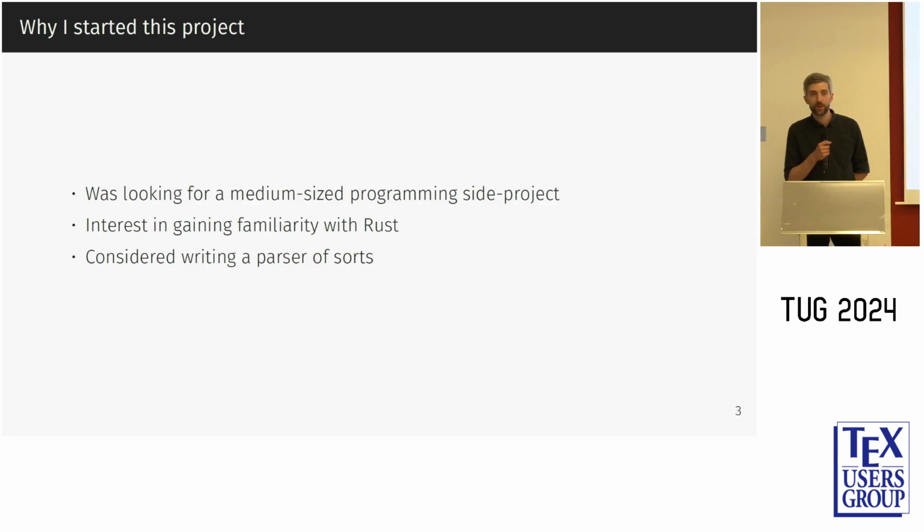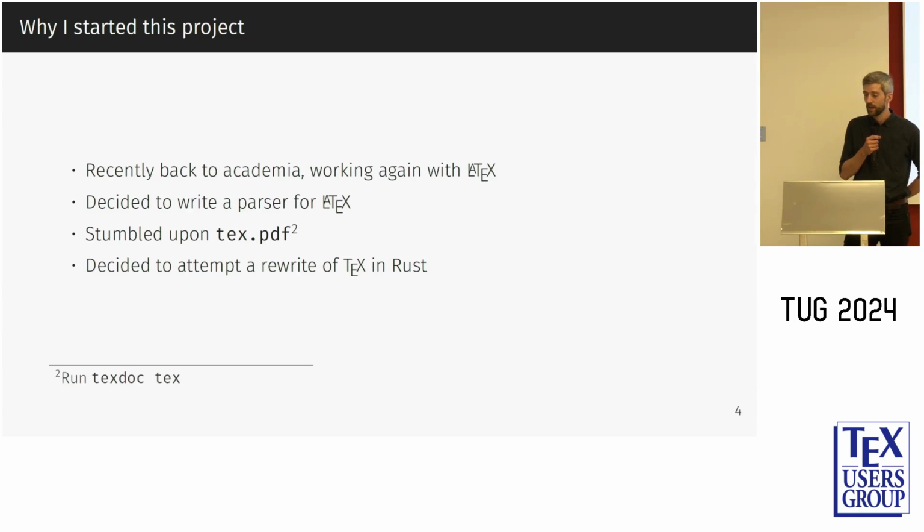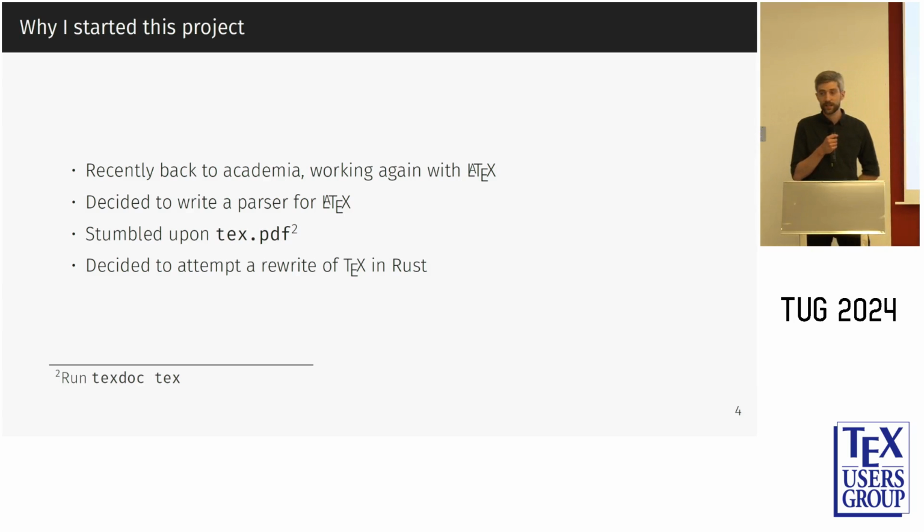My first inclination was to write some sort of parser. So I was looking at different languages. I was considering writing a PDF parser, but I heard that is very complicated, so I didn't do that. Because I was just moving back to academia, I was working with LaTeX again, and then I thought, oh, it might be fun to write a parser for LaTeX.